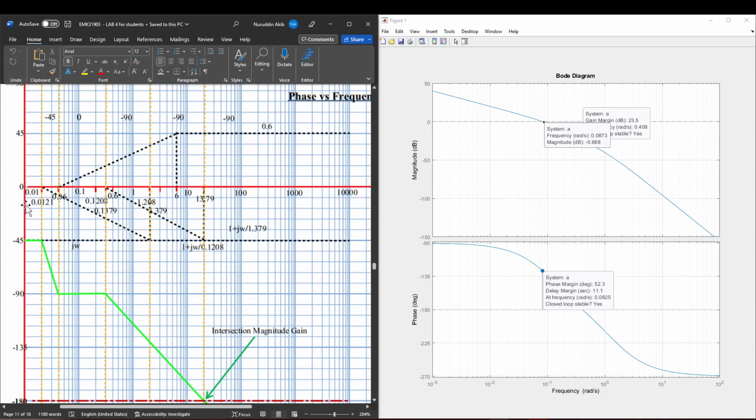So here we get the constant jω, and then it will be 0 degree, and then 0 degree plus minus 45 degree here. So we will go down 45 degree at 90, and then here is plus 45 minus 45 will be 0 degree, so it will be constant here.